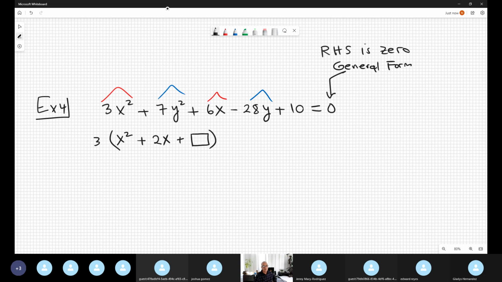This is the organization. Likewise, we are doing in the y part. You put a 7 outside. So we have y squared minus 4y plus another box. Okay, help me to complete the square in the y part. Is equal minus 10. Okay, move the 10 to the right hand side plus 2 boxes.